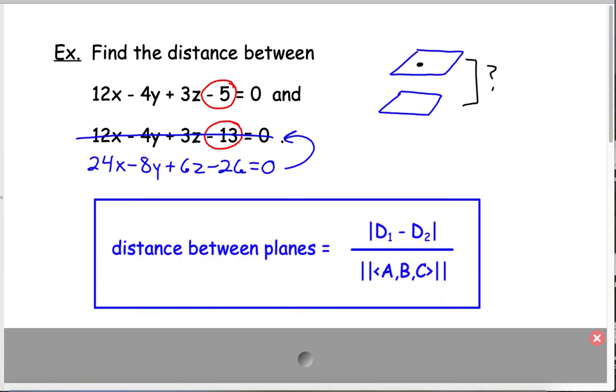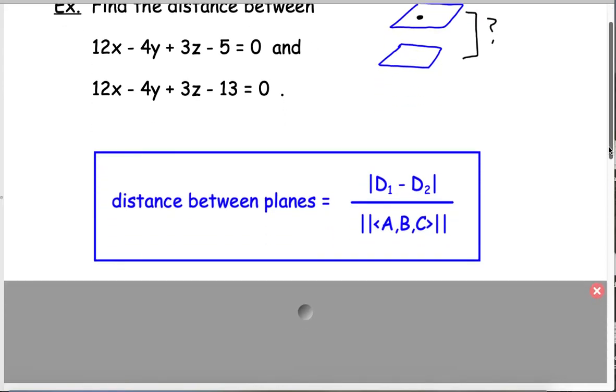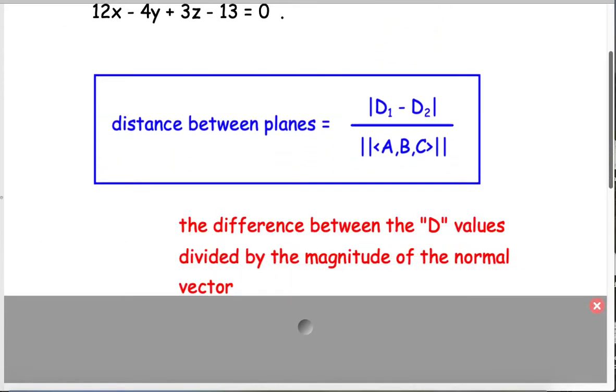So I need to make sure that we have the same components of the normal vector to both planes before this process will actually work. We do have that already, so we're fine with that. So in terms of words, it's the difference between the d values divided by the magnitude of the normal vector.